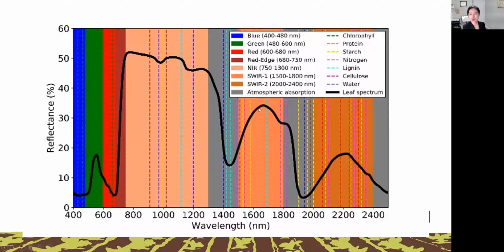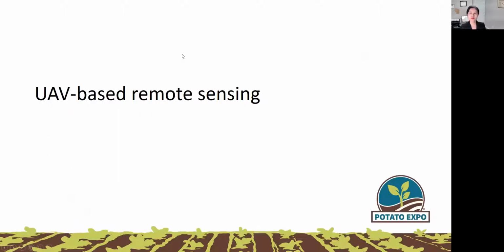And again, in the short wave infrared region 1 and 2, it has high reflectance numbers as well. So from 400 nanometers to 2400 nanometers are usually what we use as researchers for predicting the potato health or potato nitrogen status, because the plant has high reflectance in those regions.